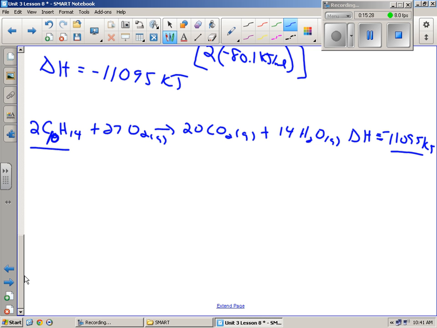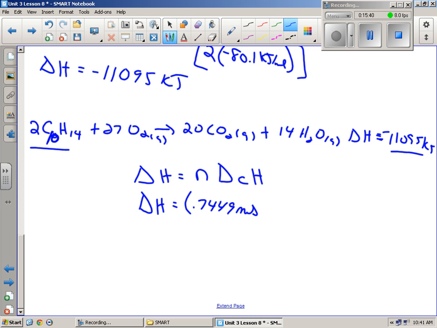Could do that. If you want to be fancy, you could use the formula, delta H equals n delta cH. So how much energy is released by 0.7449 moles times the molar enthalpy of combustion of C10H14.